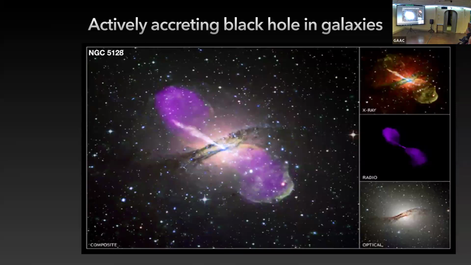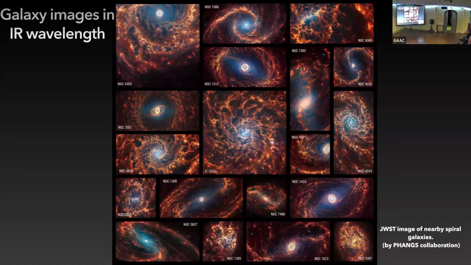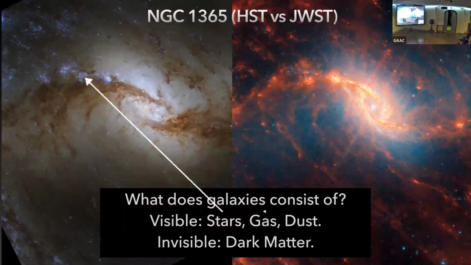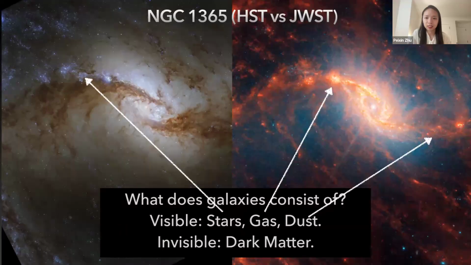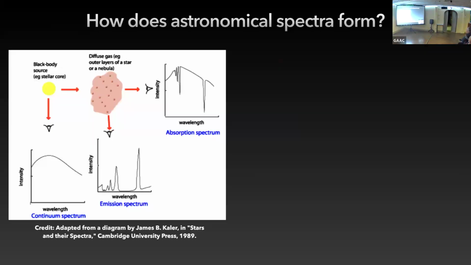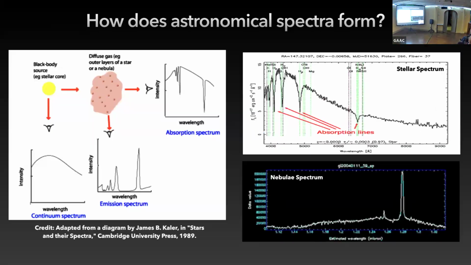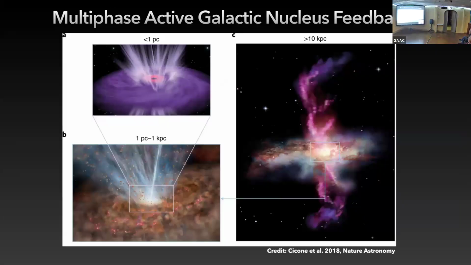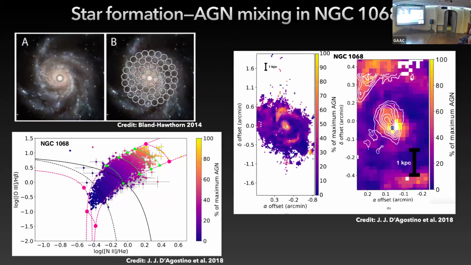Okay, thank you. So Peixin, I have a question which goes back to your first spectral image of NGC 1068. If you could find that. This one?